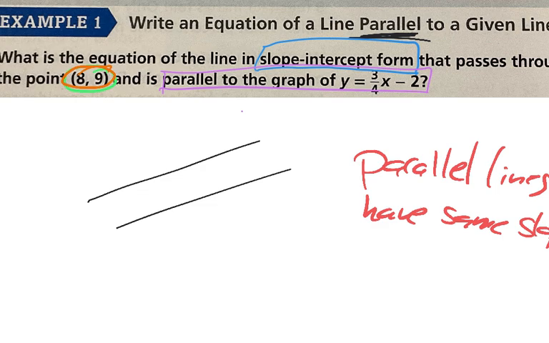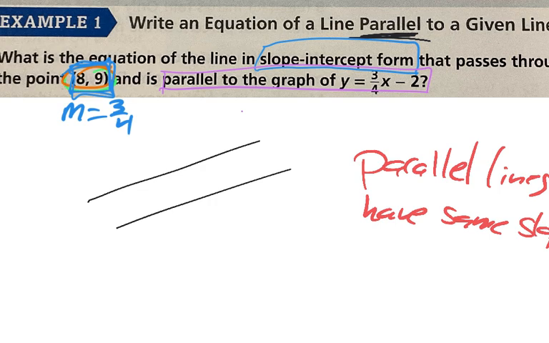So now I know my line has a slope of 3 over 4. What else do I know about my line? If you read that, the x-intercept being -2 is not my line. Is that what you said? No. What'd you say? I said 8 and 9. Okay. That's it. It has to go through this point.